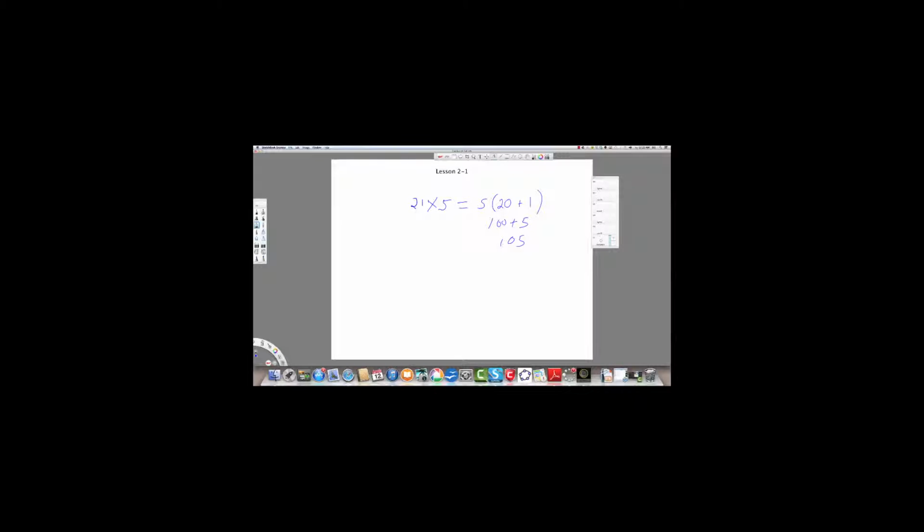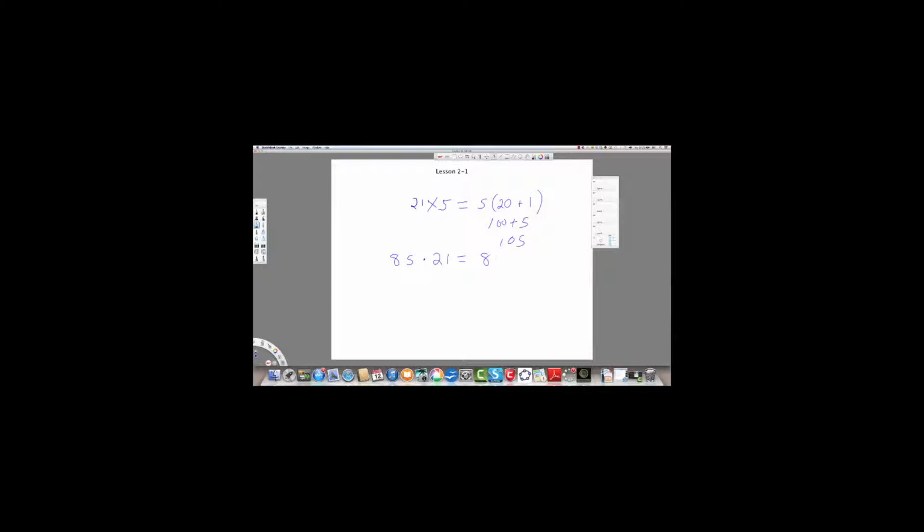I found myself a way to kind of quickly take a problem that might be a little bit more difficult to do and see how I could get my result with it. Let's take something a little bit more difficult, and let's try 85 times 21 and see if it'll work there.